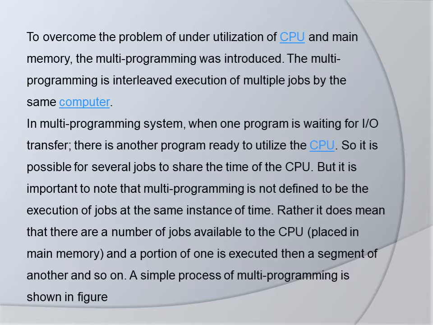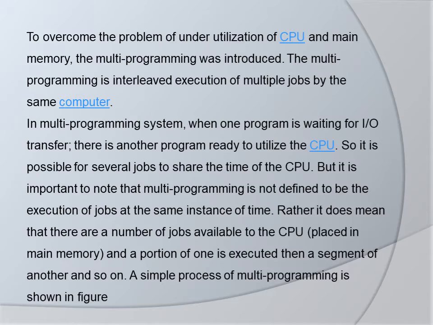So it is possible for several jobs to share the time of the CPU. But it is important to note that multiprogramming is not defined to be the execution of the jobs at the same instant of time. It is not going to execute all the programs at the same time.